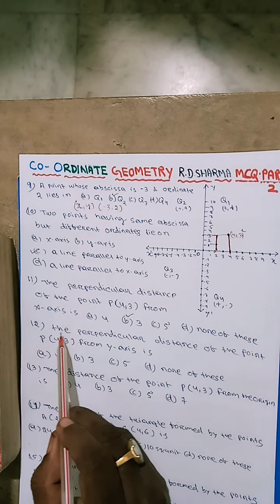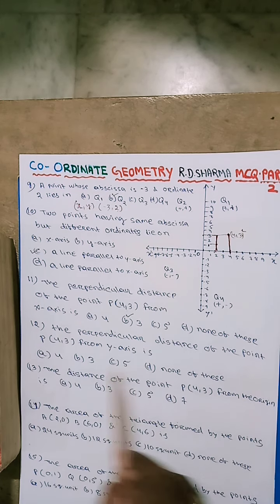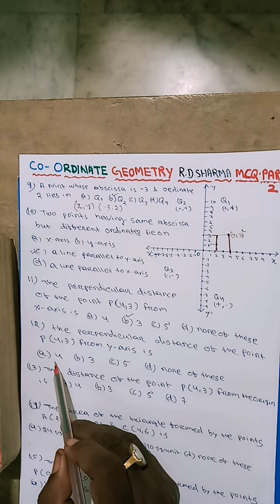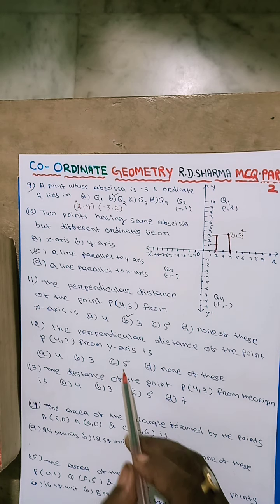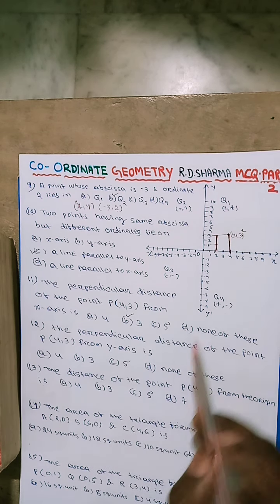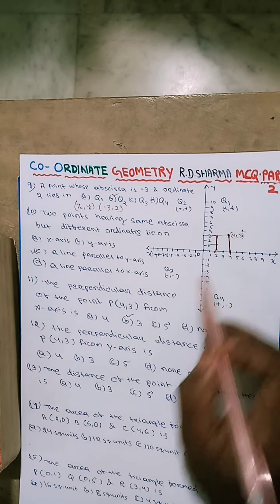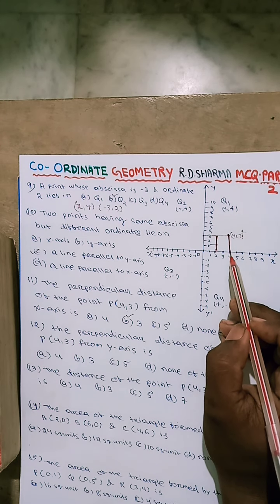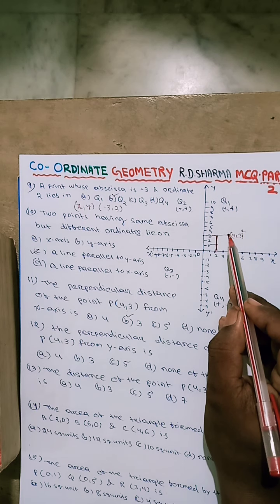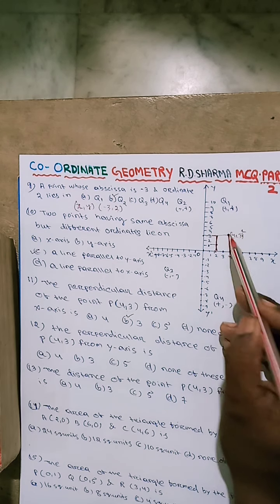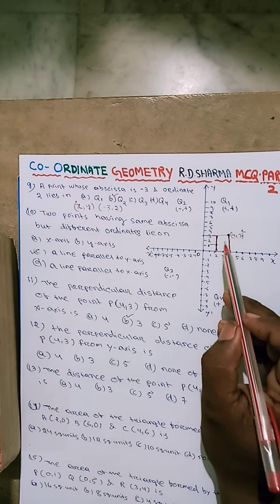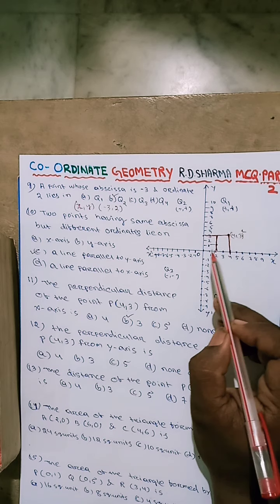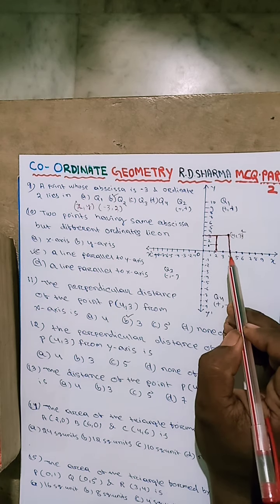Next, the perpendicular distance of the point P(4, 3) from the y-axis is: option A 4, option B 3, option C 5, option D none of these. Locate the same point: x is 4 and y is 3. The perpendicular distance of the point from the y-axis is equal to the abscissa value, or x value.